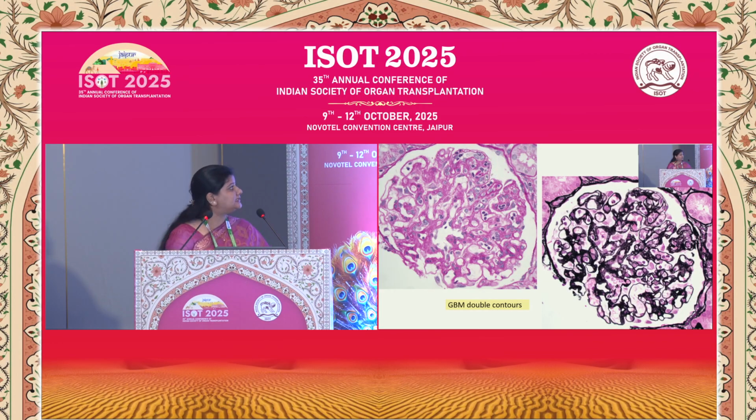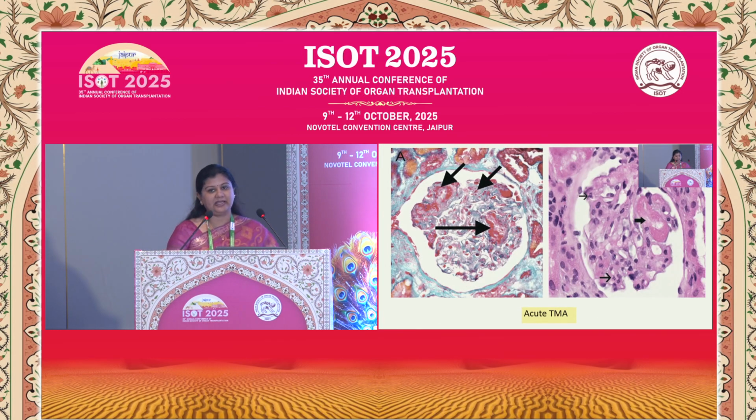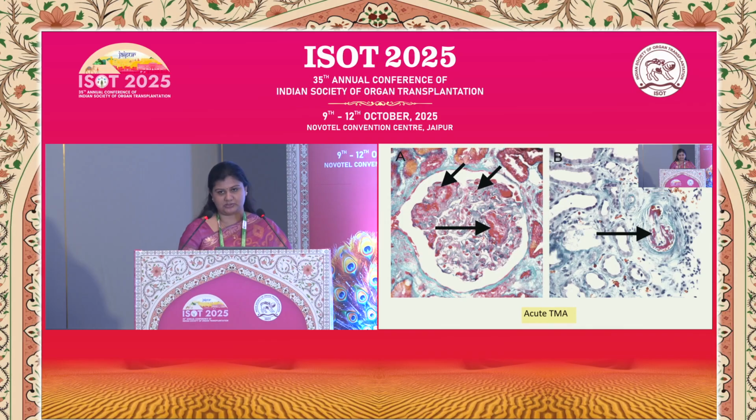Here we can see contouring or splitting of the glomerular basement membranes, which is better highlighted on the silver stain. And in a few cases, we can also get features of thrombotic microangiopathy. Like here, we have a tuft which is showing fibrinoid necrosis, which is better highlighted on the Masson's trichrome stain as fuchsinophilic deposits. Similar changes can be seen even in the blood vessels as fibrinoid necrosis of the vessel wall.